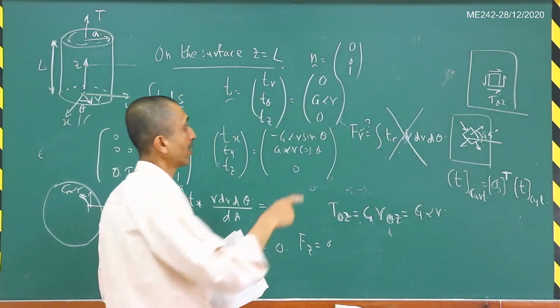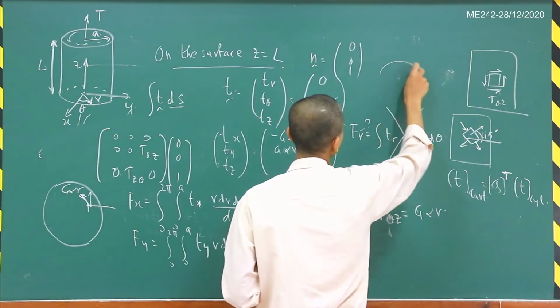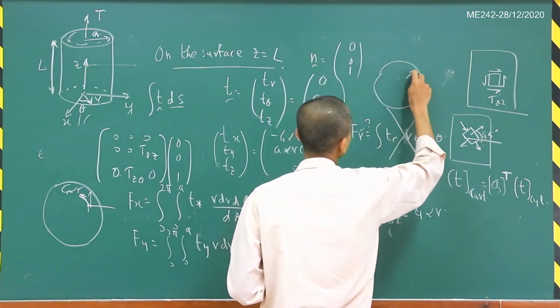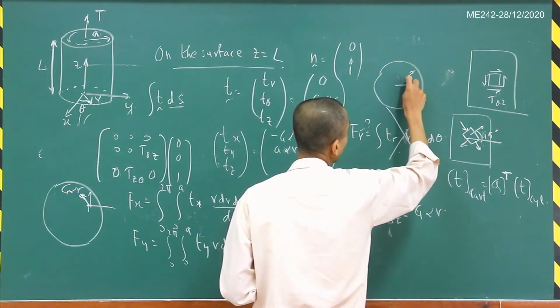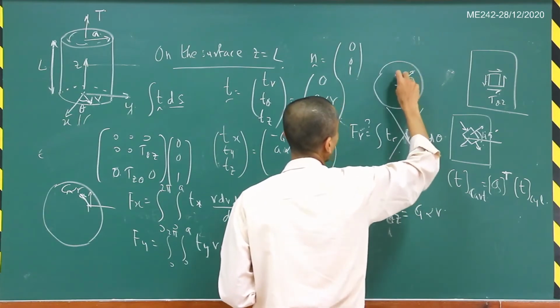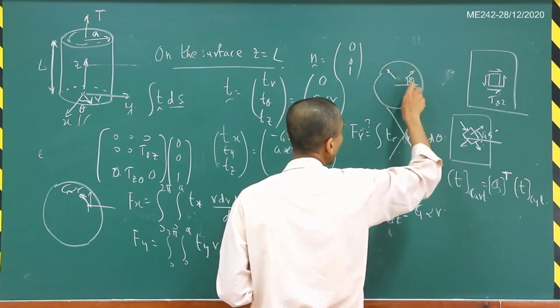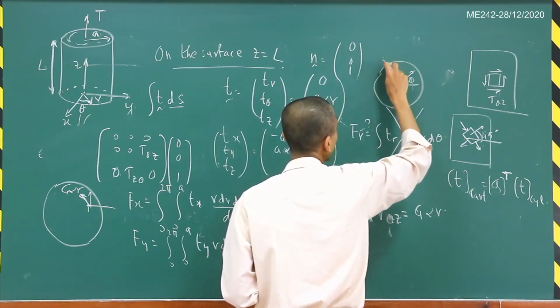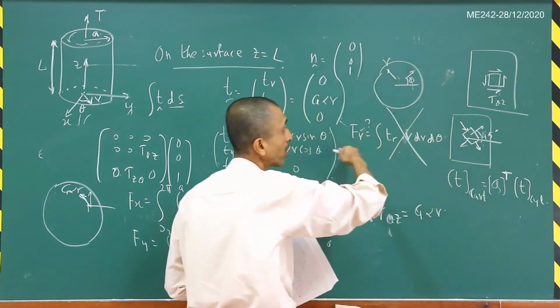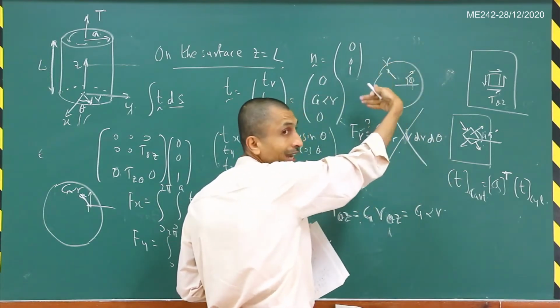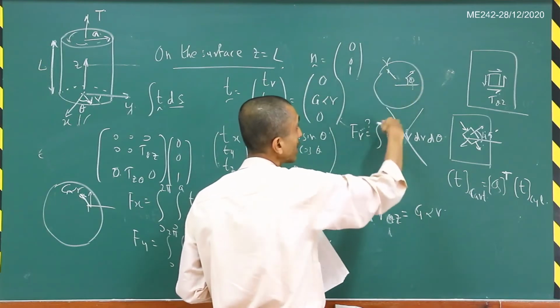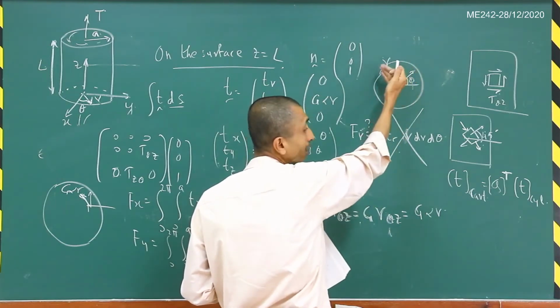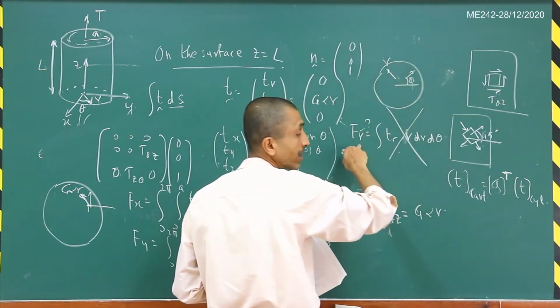Because see, if you take the radial direction at some theta, it is here. Then at some different theta, this is the radial direction. So you cannot integrate because they are along different directions. You cannot integrate something along different directions and find out the resultant along r.